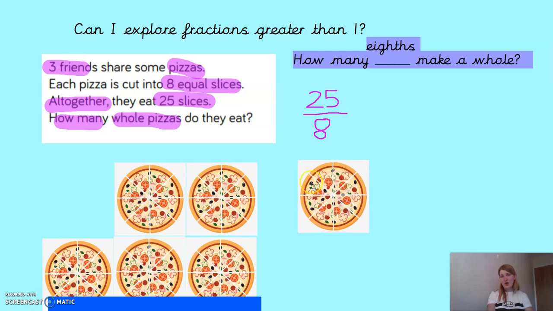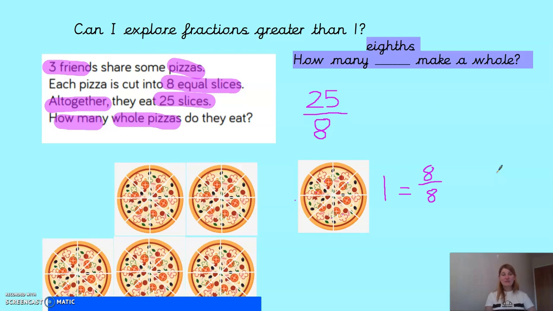If we look at this one whole pizza, how many eighths are there? I can see that one whole pizza is the same as 8 eighths. 1, 2, 3, 4, 5, 6, 7, 8.